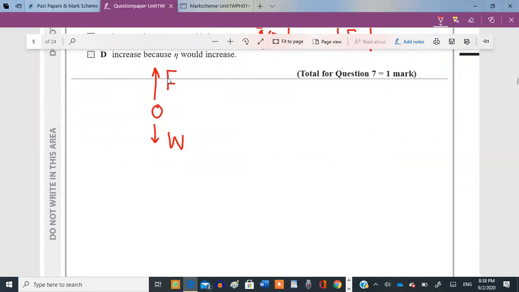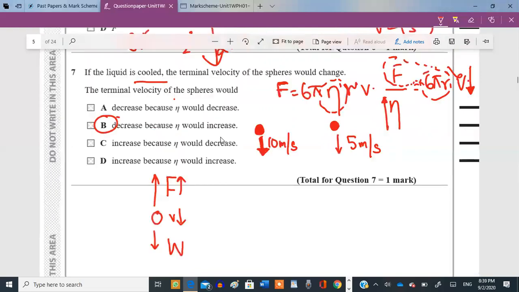The upthrust force will balance out the weight more quickly, and the faster it balances out the weight, the smaller the value of terminal velocity the ball reaches. So if you increase the viscosity, then the terminal velocity would decrease. So B.